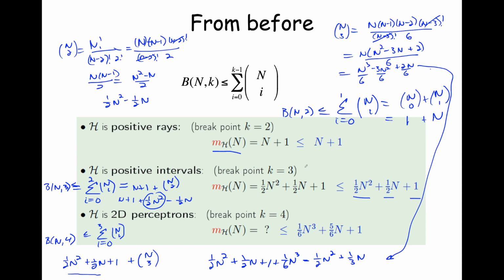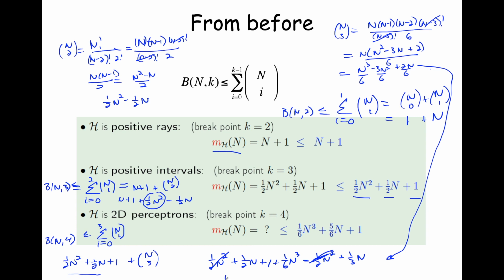Okay, so we have 1/2 n squared and minus 1/2 n squared, so the n squareds are going to cancel. And then we have an n cubed that doesn't have anything. We have 1, and then we have 1/2 n plus 1/3 n.